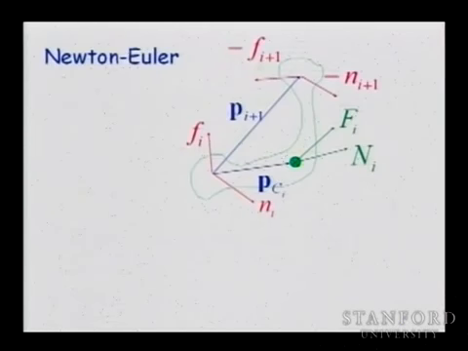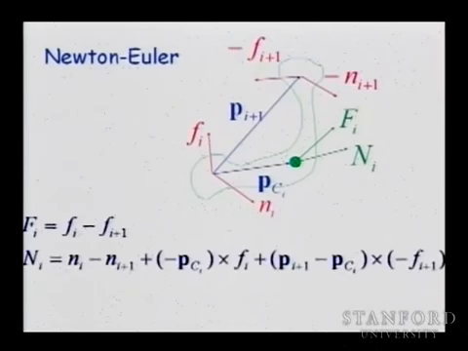This way, which is called the recursive Newton-Euler formulation, is going to require elimination of these internal forces and elimination of the forces of contact between the different rigid bodies.